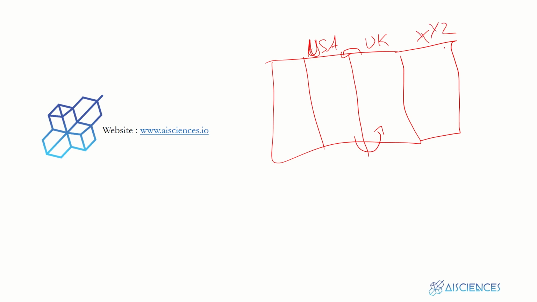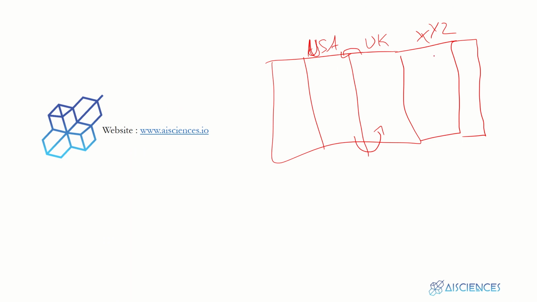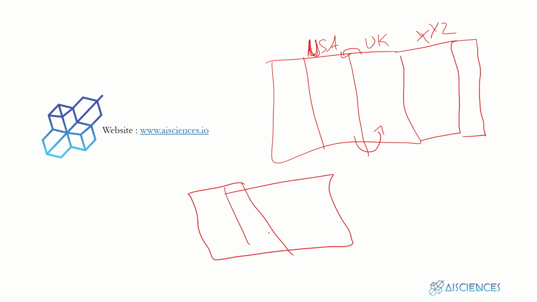Another thing that you can do, not just for fun but quite useful if you're doing machine learning, is that sometimes you don't need the complete date. You just need months, or you just need years. So let's say you have dates in this column. Let's create another sheet, and here you have dates.